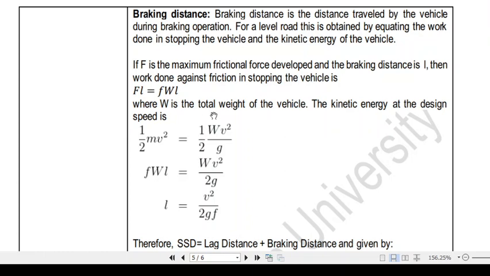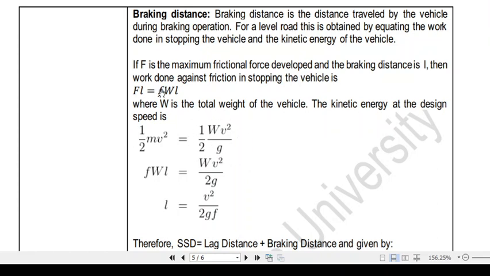So how is this half W v square by g coming out? That is because we know our kinetic energy is half m v square, and we have converted m equal to W by g. We put this in and got this equation.